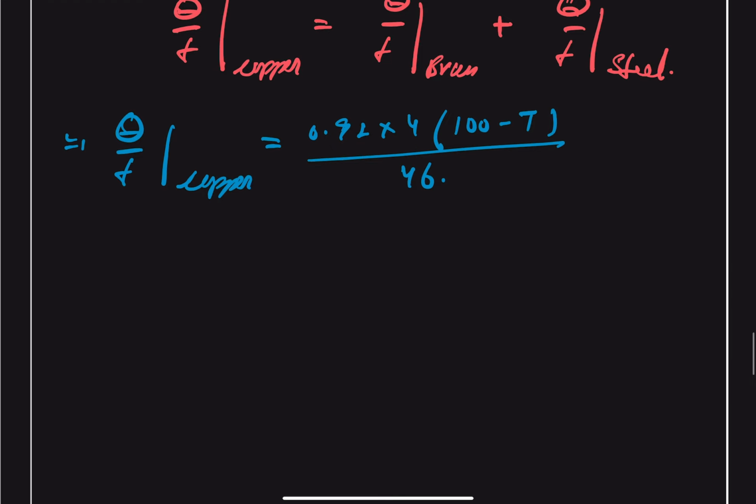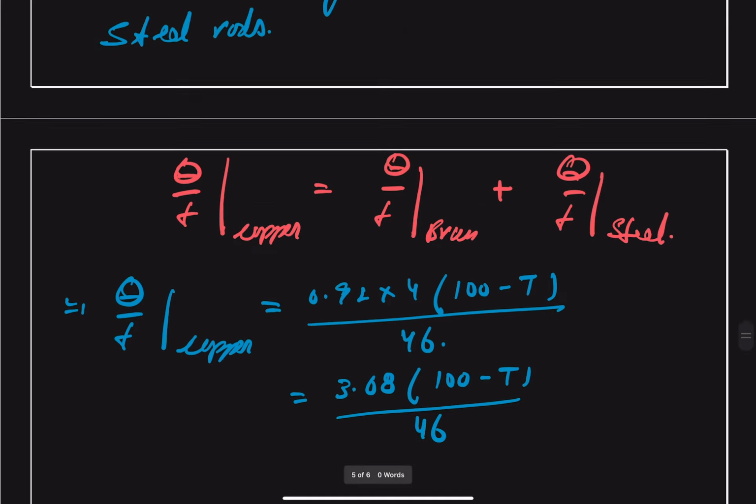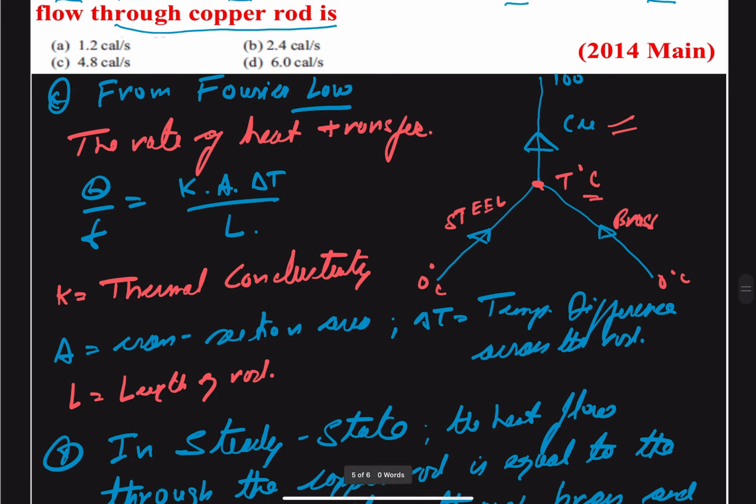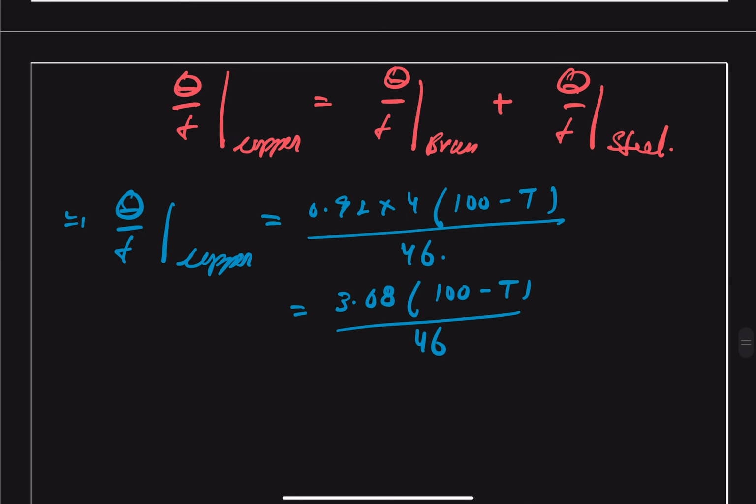This gives us 3.68 times (100 minus T) divided by 46.